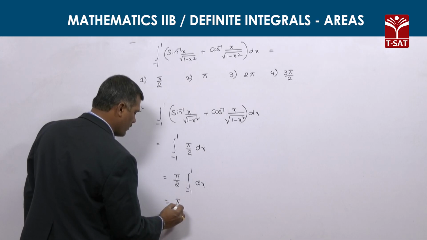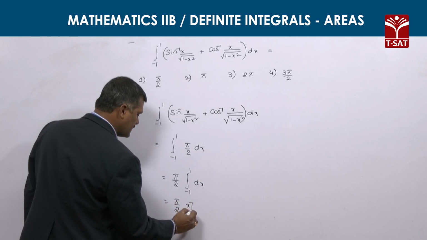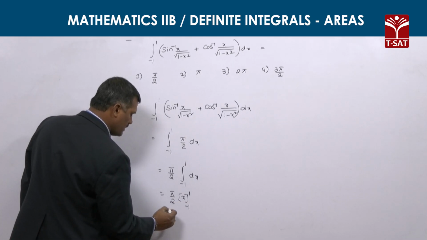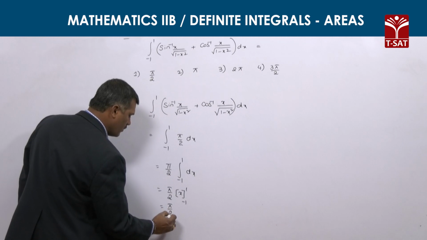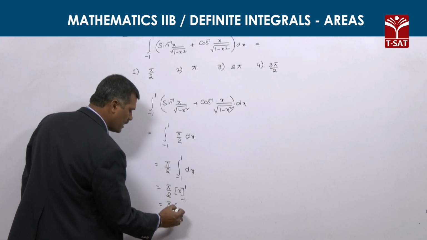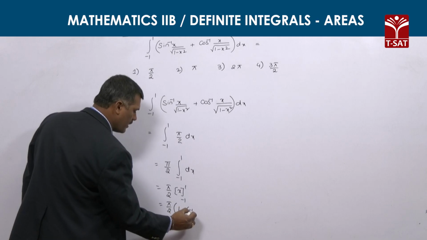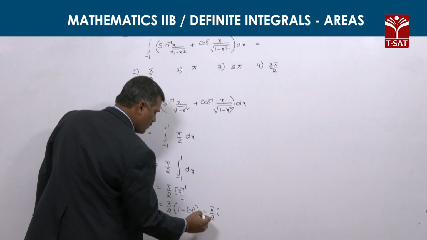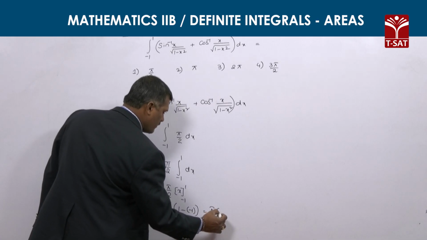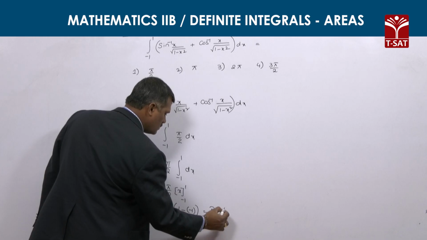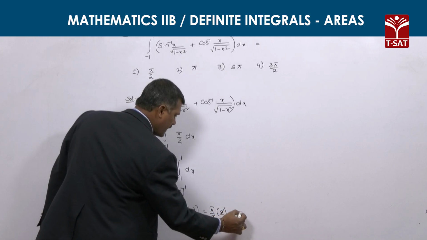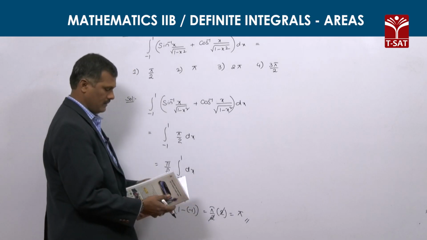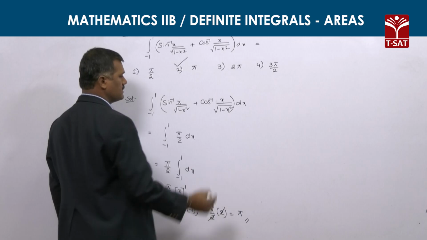Integral dx is x, lower limit minus 1, upper limit plus 1. Substituting upper limit 1 minus lower limit minus 1, that is pi by 2 into 1 minus of minus 1, that is 2, and the 2s get cancelled, so it is equal to pi. Pi is the solution, so the second option is right.